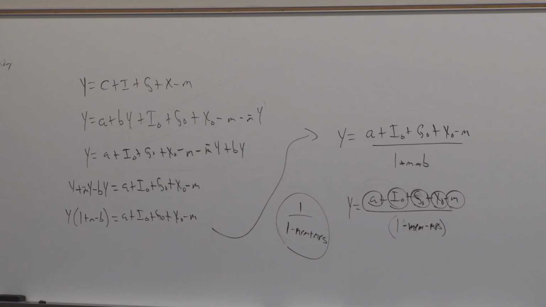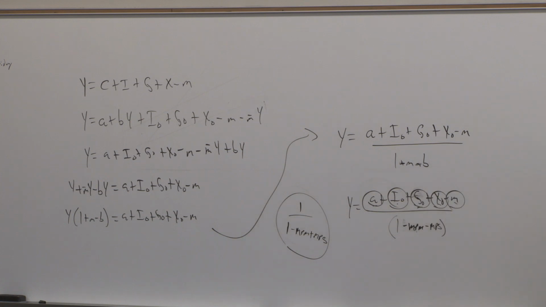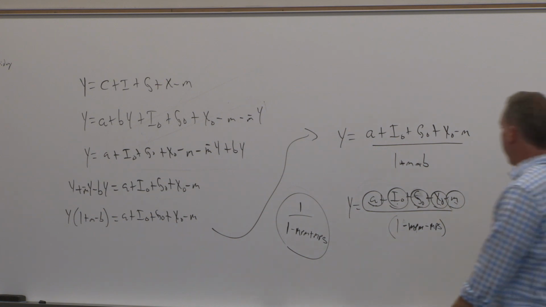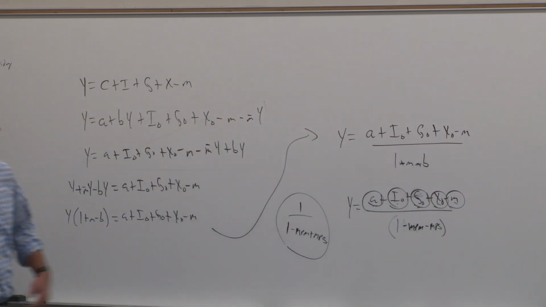Every single dollar that you change here gets you a $10 change. As opposed to, say, if the marginal propensity to consume was, say, 0.5, should be 2, right? Every single dollar that you change here, bless you, brings in $2 more.